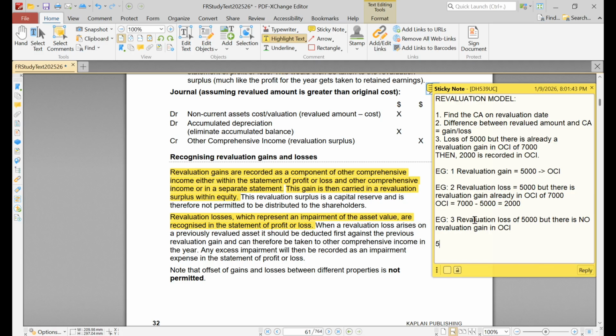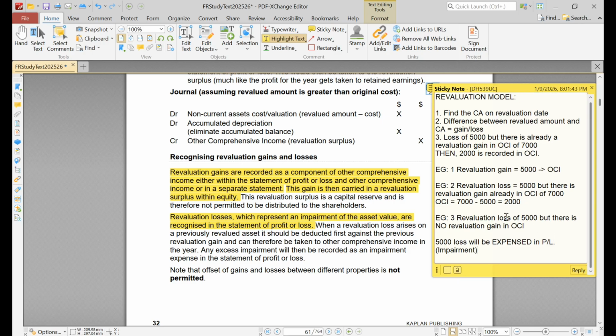Then in that case, the 5,000 revaluation loss will be expensed in profit and loss. This is basically impairment. This expense is known as impairment because, and there's a separate standard on that, it's basically when the carrying amount is less than the fair value. That is impairment. So there are three possibilities.